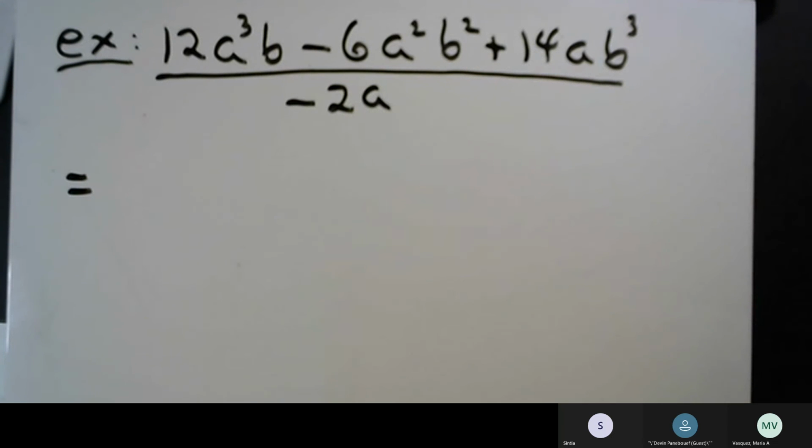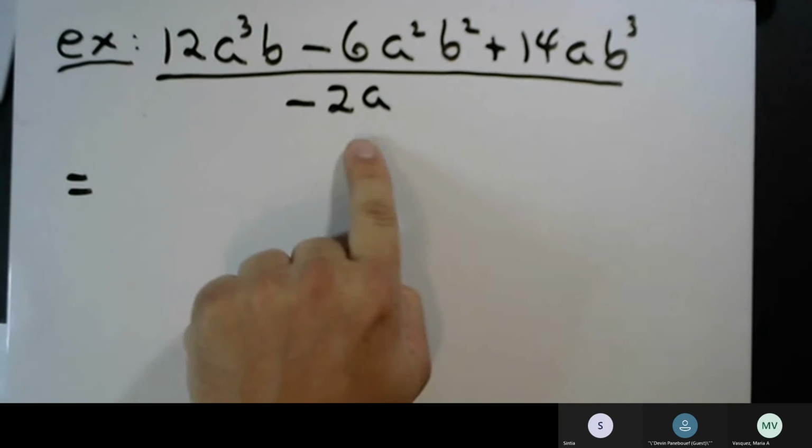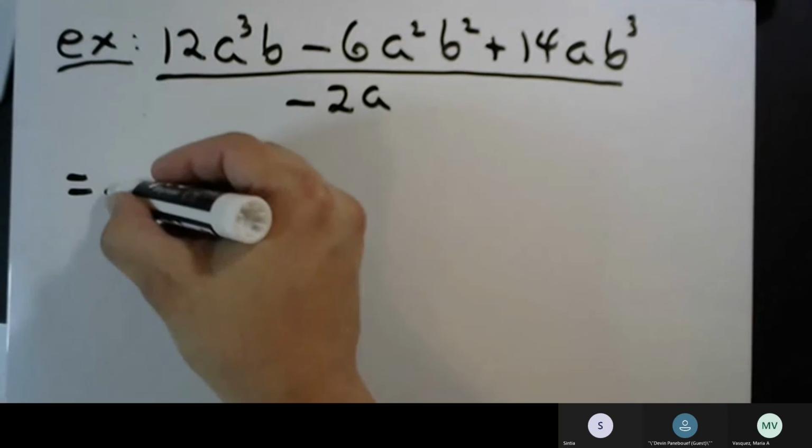So again, we're going to break it up so each individual term is divided by negative 2a.